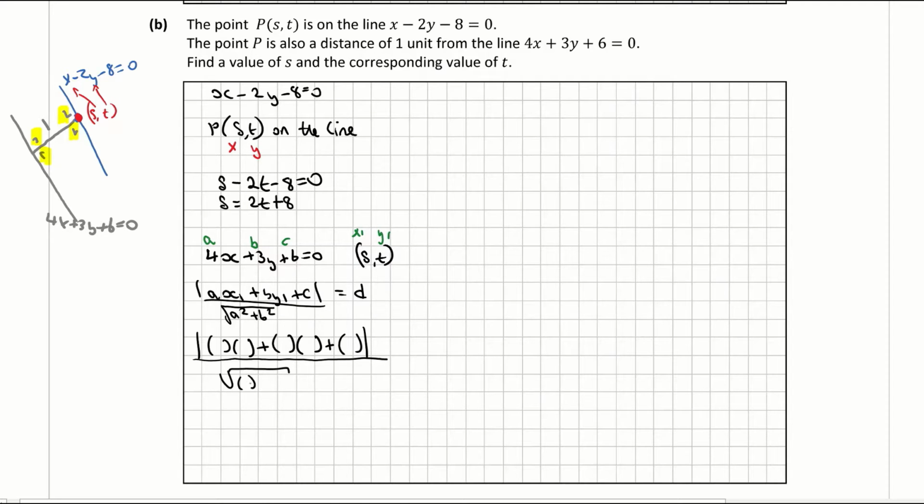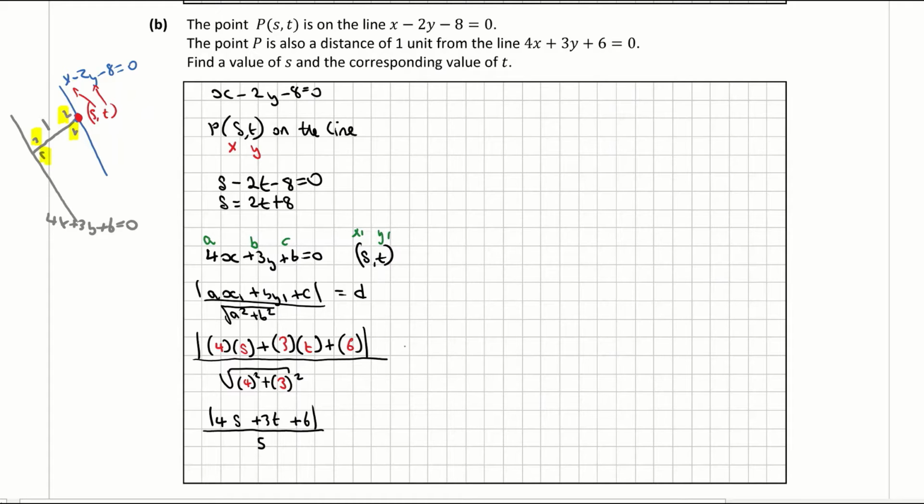So filling it in, my a is 4, my x1 is s, my b is 3, and my y1 is t, plus my c, which is 6, all over the square root of 4 squared plus 3 squared. When I multiply that out, I get 4s plus 3t plus 6 in my modulus brackets, all over the square root of 25, which is 5.